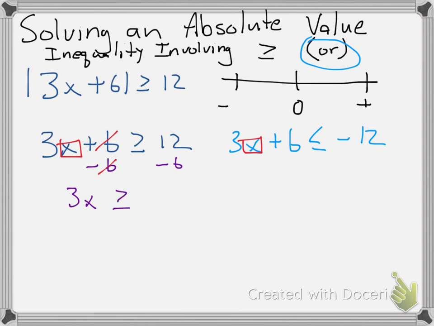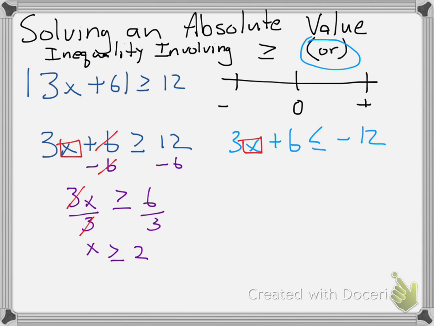That would be greater than or equal to 6. And then we just divide by 3 on both sides. We see that 3 divided by 3 is 1, leaving us just with x is greater than or equal to 2.